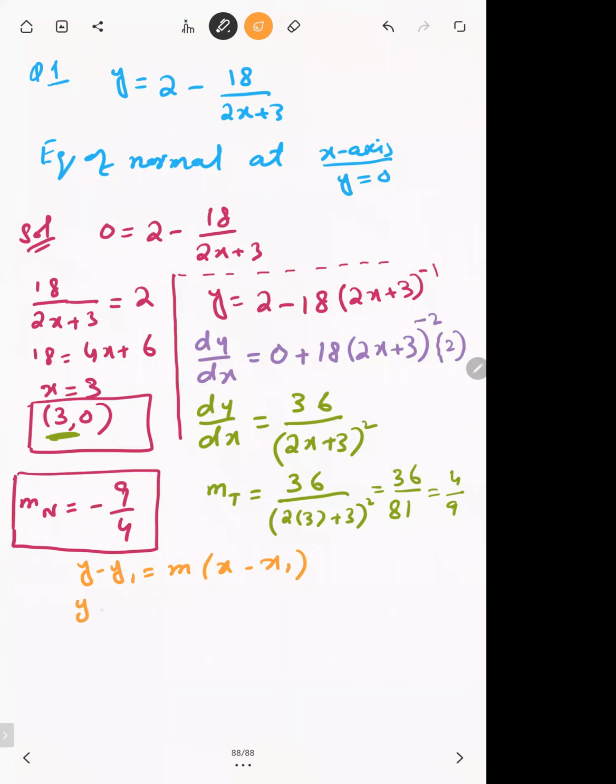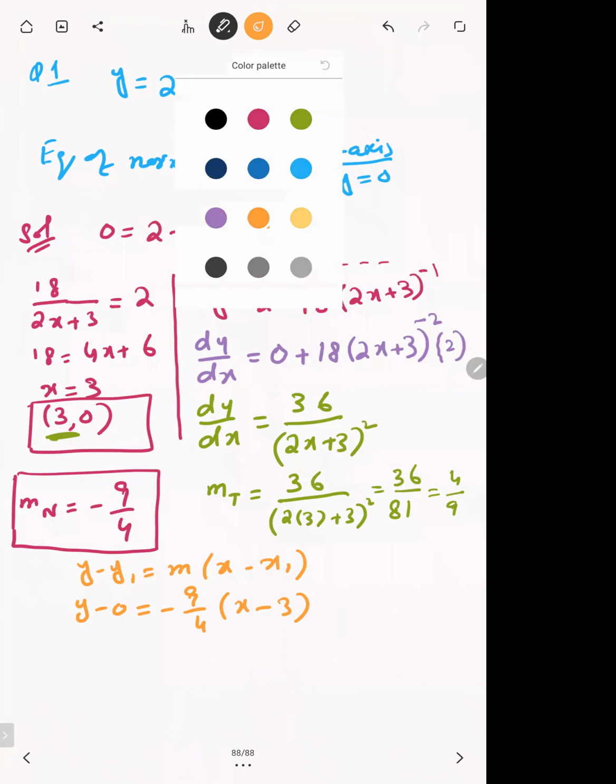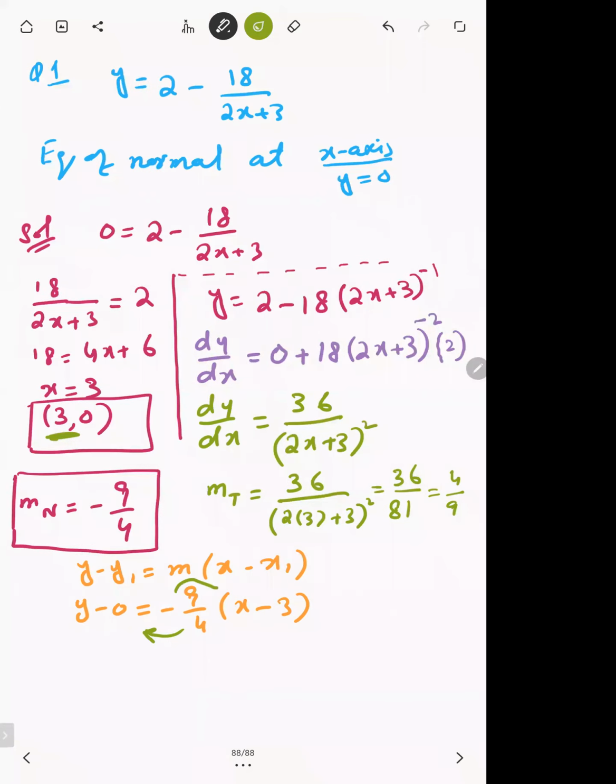So y minus 0 is minus 9 by 4 into x minus 3. Multiply 4 on that side and minus 9 here. So 4y is equal to minus 9x plus 27. 9x plus 4y is equal to 27.